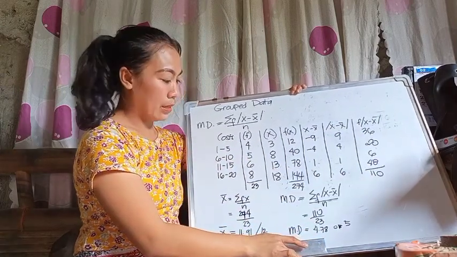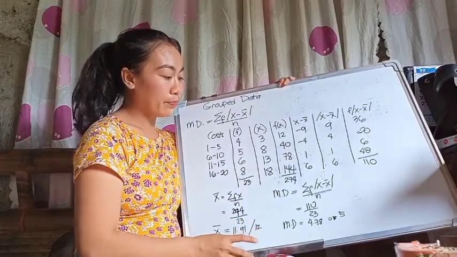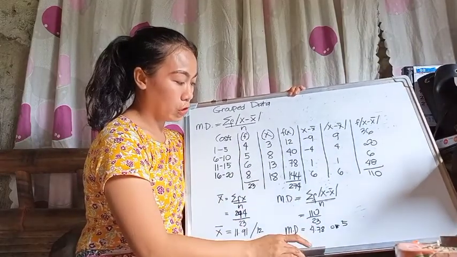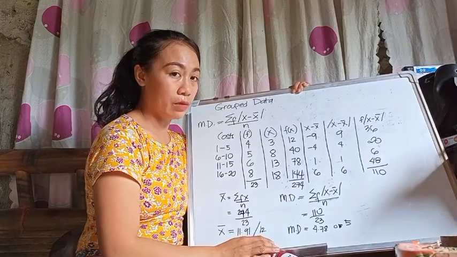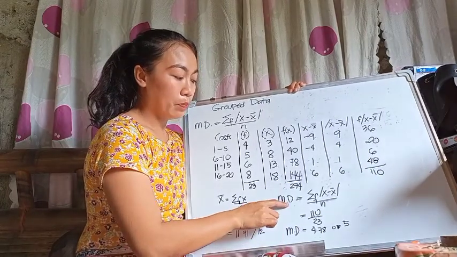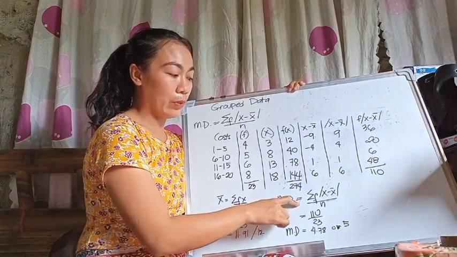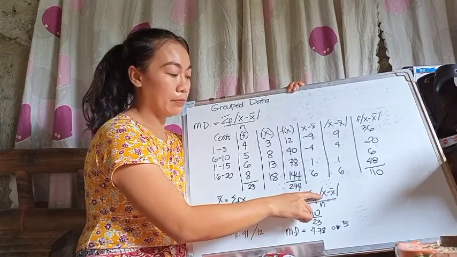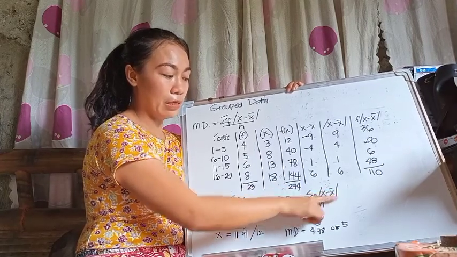So, okay, we can now compute our mean deviation. Our formula of mean deviation, M.D., is equal to summation of f absolute x minus mean over n.